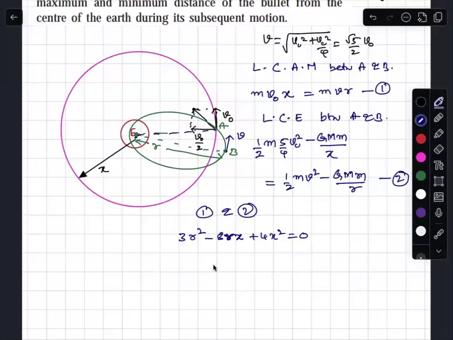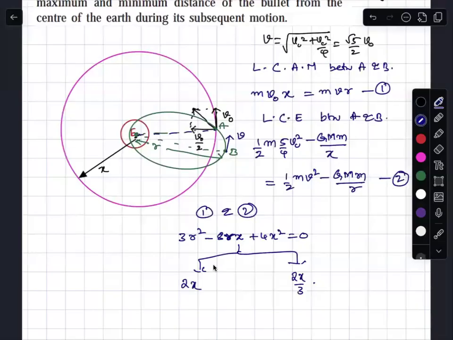So you will get a quadratic equation, and for this, there are two roots. r can be 2x or r can be 2x by 3. What is the meaning of 2x by 3? Almost it will intercept the Earth. It will intercept the Earth at some point. Get the point? So that's the deal.